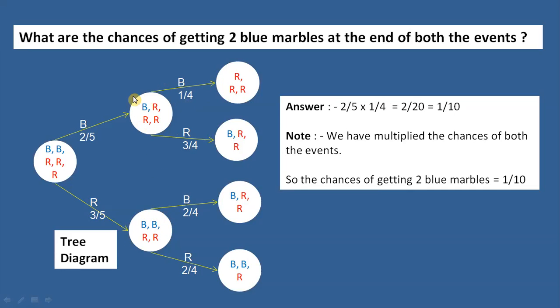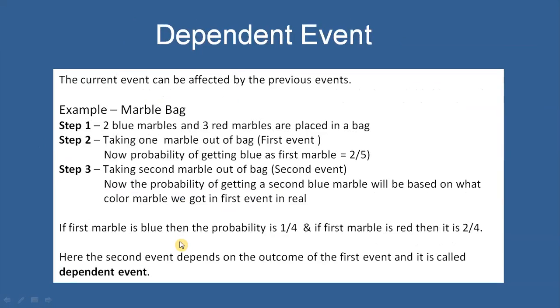Here the sample space is 1 blue marble and 3 red marbles, but here the sample space is 2 blue marbles and 2 red marbles. Coming to the slide, if the first marble is blue, then the probability is 1 by 4, and if the first marble is red, then the probability is 2 by 4.